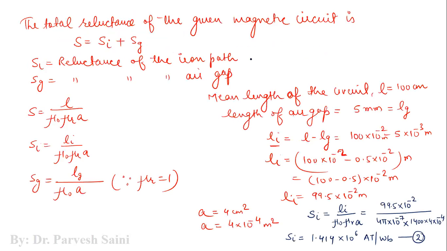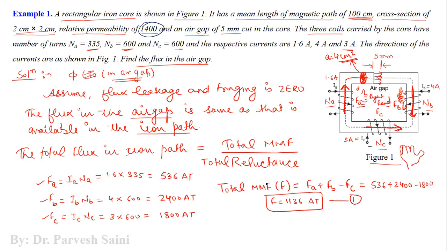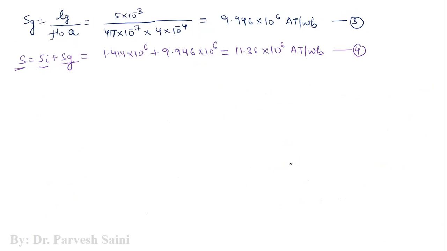Now we have the equation 1 in which we have the total flux here. Then we have the total reluctance also. So the total flux in fact is equal to, let us say it is 5, the total mmf divided by the total reluctance.